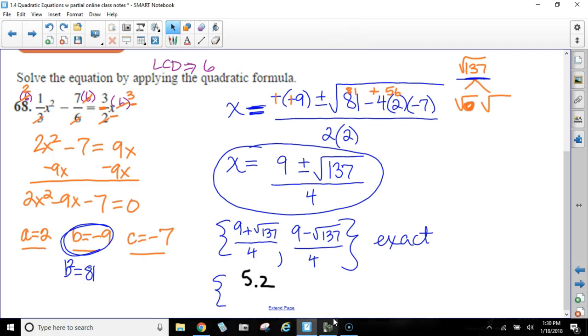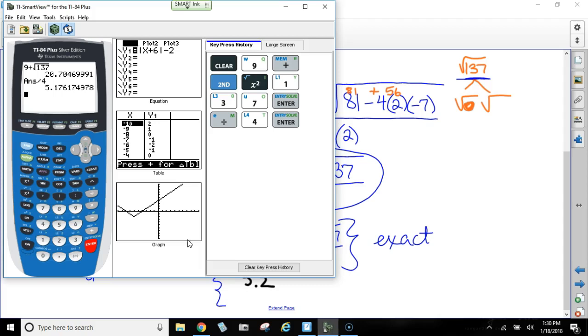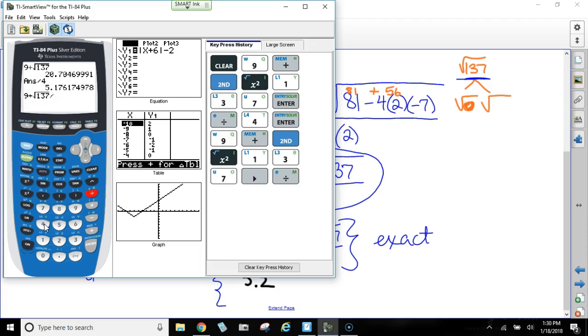On your calculator, you do need to be a little bit careful. You don't just want to type 9 plus the square root of 137, cursor outside of the radical, and then divide by 4, because all that divides by 4 is the square root of 137, and this is all supposed to be divided by 4. So that's incorrect.